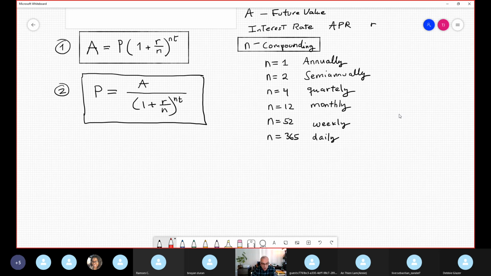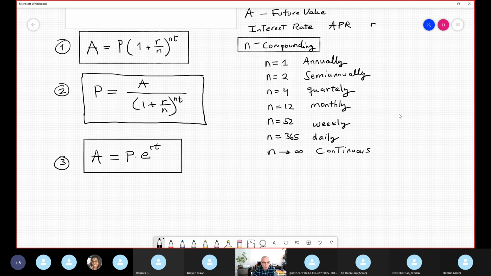Okay, what does continuous mean? Continuous is when n approaches infinity. And this is the continuous case. The formula for the continuous, formula number 3, is future value equals present value times e to the RT.